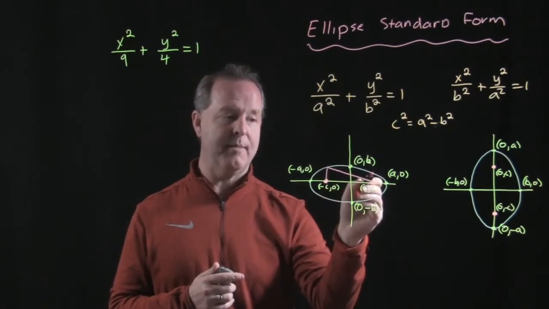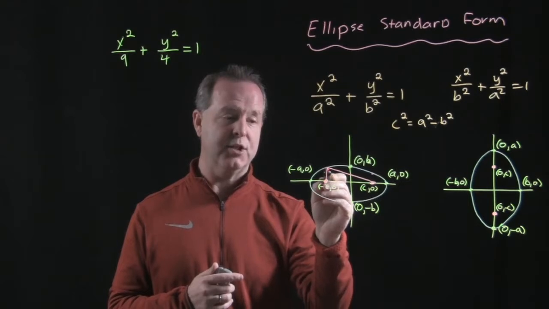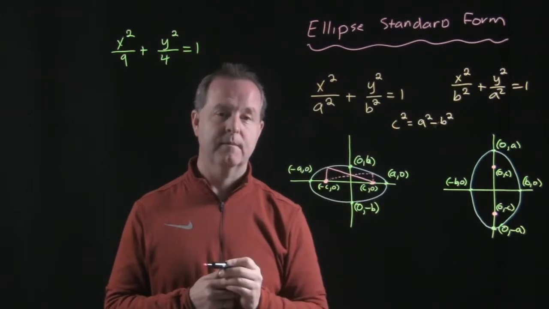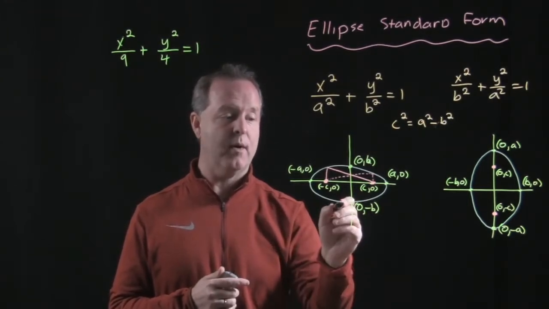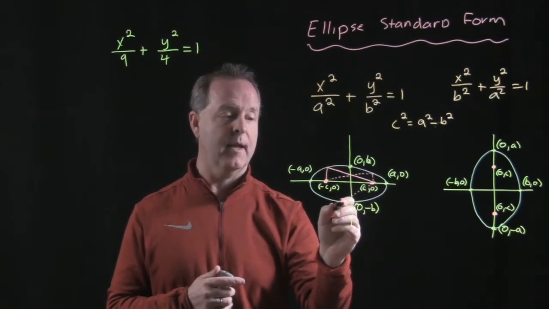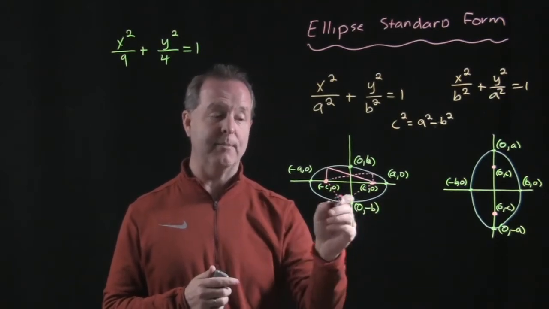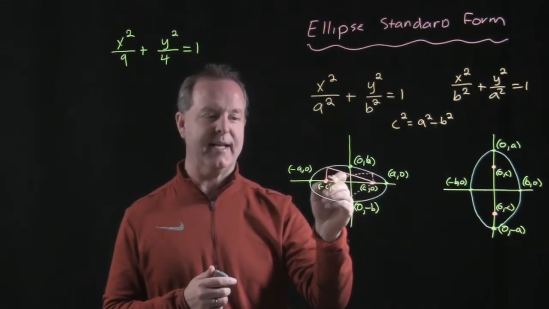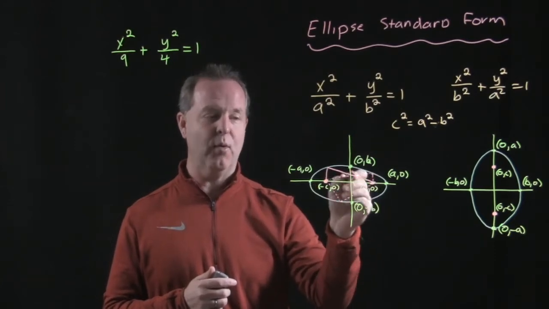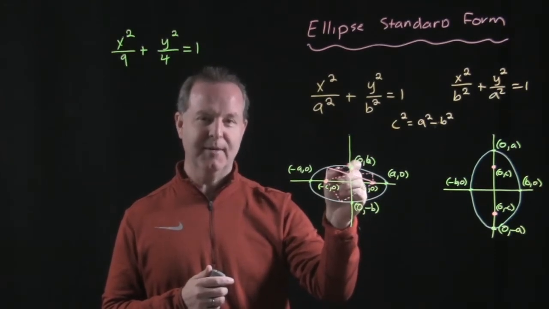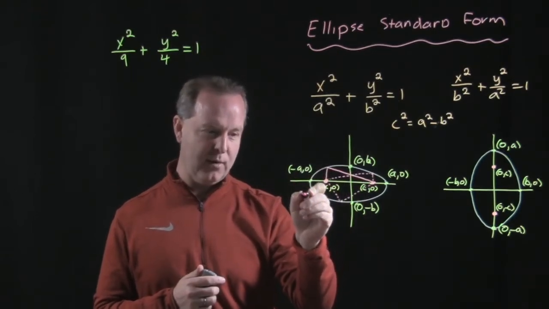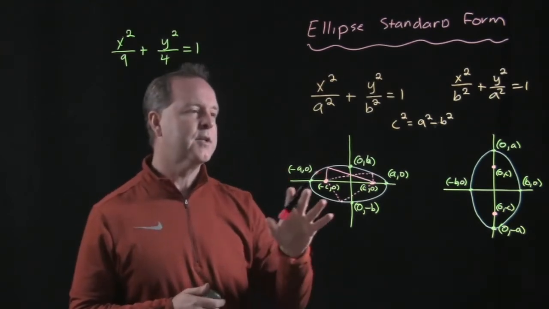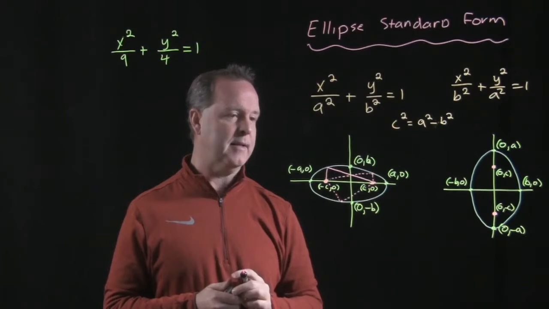If I went to this point over here and stretched a string, that's the same distance. It's almost like I have strings nailed to those two points, and I'm pulling the string taut with my pencil and drawing all the way around. And that shape will produce an ellipse.